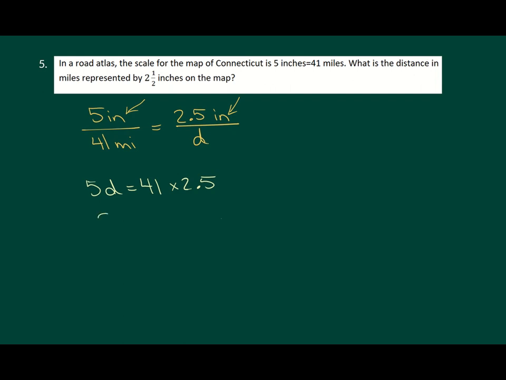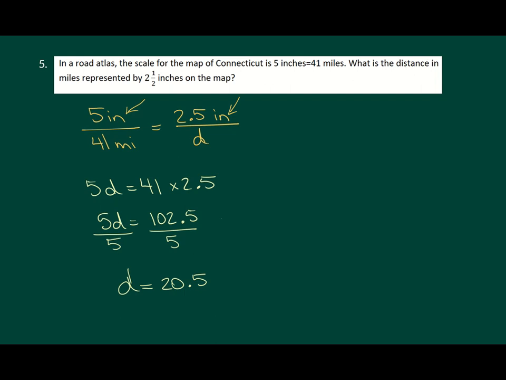When I do that, I get 5D equals 41 times 2.5, which is 102.5. Divide both sides by 5, and you get D equals 20.5. So the question is, what is the distance in miles represented by 2.5 inches on the map?